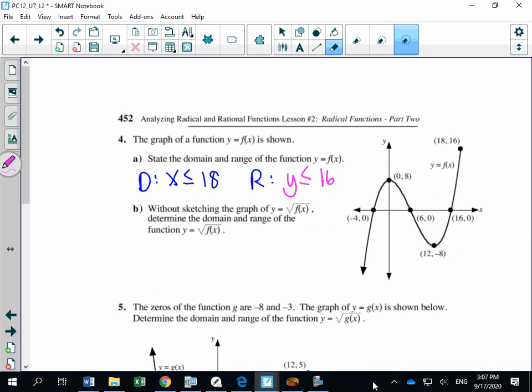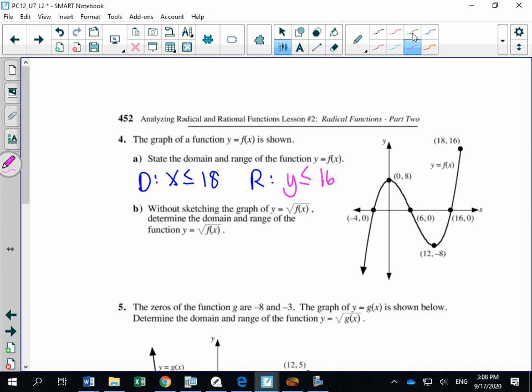Now it says without sketching, determine the domain and range of the radical function. If you watched the first lesson, we know that in order to get the domain of the radical, you need to look at the graph of the original.